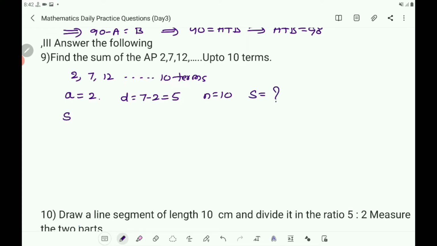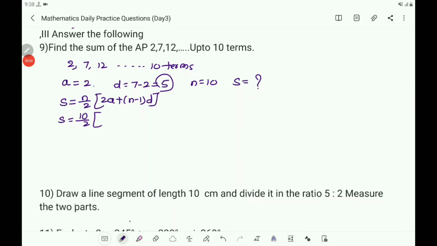And you write the formula, S equals n by 2 into (2a plus (n minus 1) into d). That is S equals, in the place of n you write 10, because n is 10, 10 by 2 into (2a, what is the value of a? Value of a is 2).